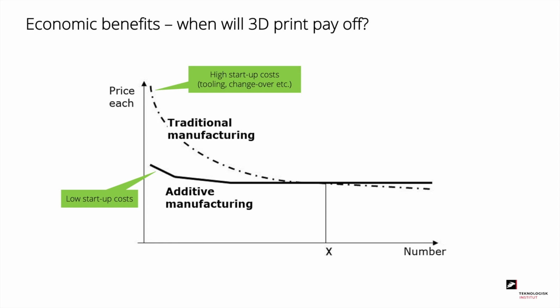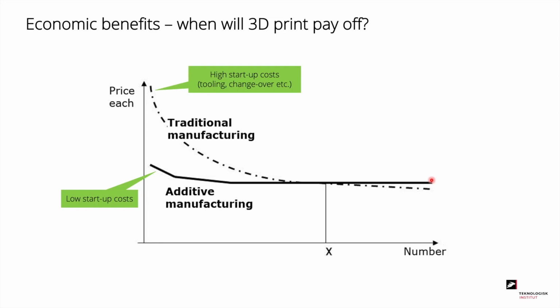Here we see a typical picture of traditional manufacturing versus additive manufacturing. The dotted line shows traditional manufacturing where you have high initial costs, while for the additive manufacturing you have lower initial costs and approximately the same cost per part no matter how many you produce.